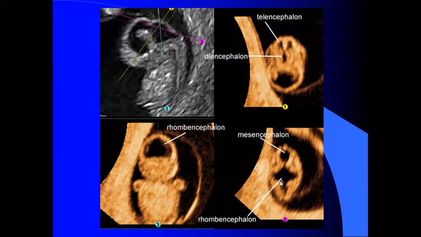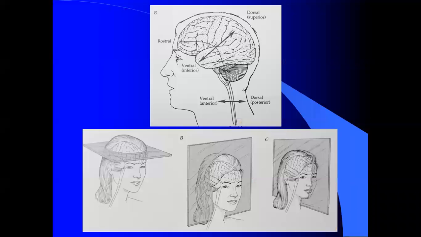And here you have, again, rhombencephalon in a different plane. This is this plane. And then slice 1 is the only one that runs from the telencephalon through the diencephalon and then into the rhombencephalon, which is the largest ventricle at this stage.